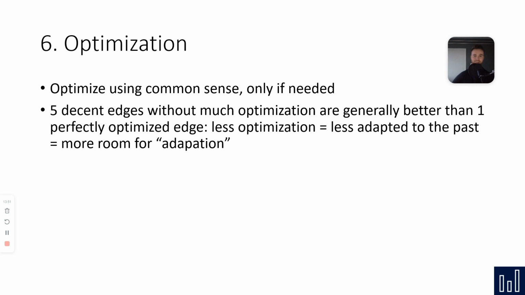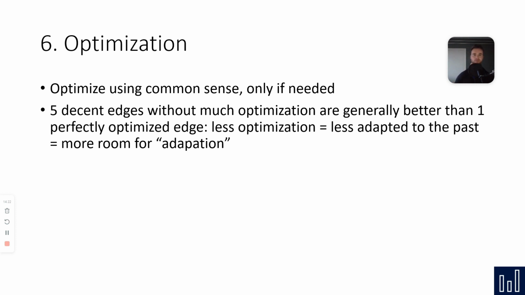What I generally do is I always say 5 decent edges are better than 1 perfect edge, and less optimization means less adaptation to the past, which leaves more room for adaptation in the future. For example, if you tweak your settings to find the best settings for the last 5 years or so, that's highly fit to the last 5 years. The past rhymes with the future, but it's not exactly the same.